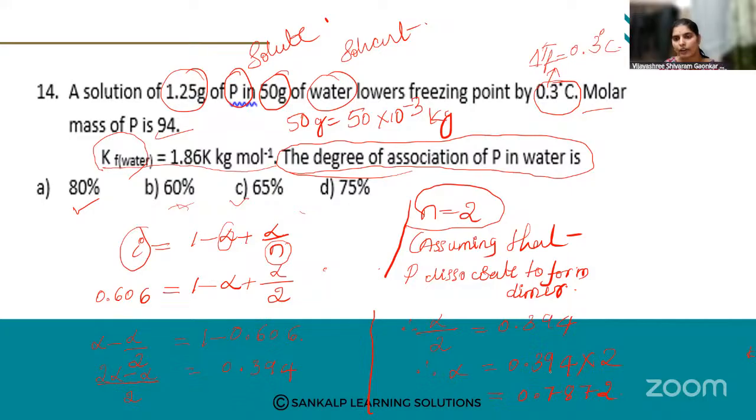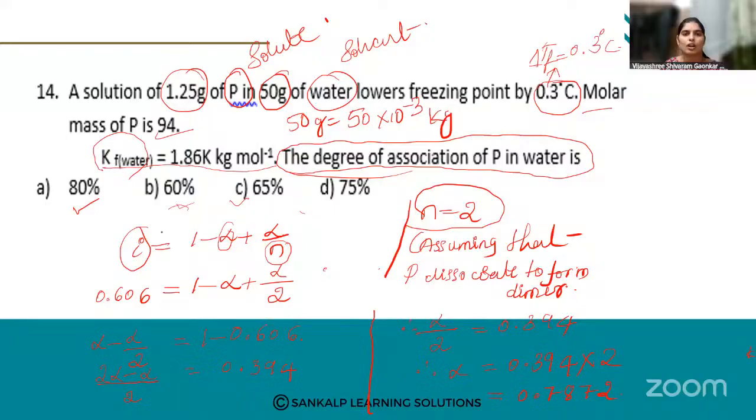Correct? What is 0.394 into 2? You will get the answer 0.7872. So the degree of dissociation is 0.7872.